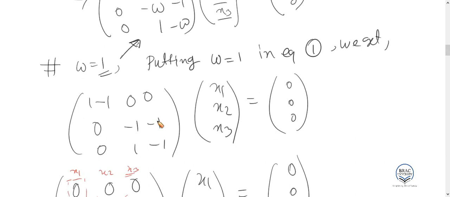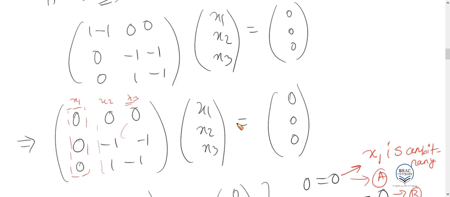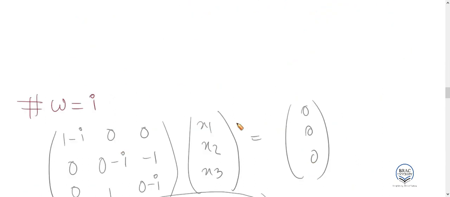So the idea for writing these columns as x1, x2, and x3 is because these are variables that we want to know. These are our unknowns. That's why first we are finding the eigenvalues, and once we are done, for each of the eigenvalues we are finding a corresponding eigenvector.